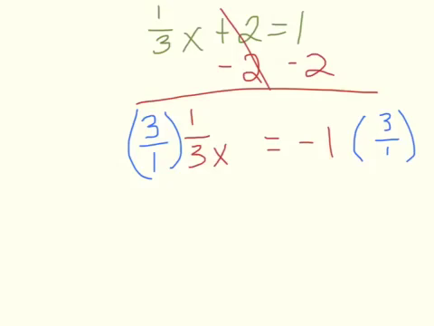I have a 3 on top and a 3 on bottom, so that cancels. A 1 on bottom and a 1 on top, that cancels. And leaves me with just x. Okay? Bring down my equal sign. -1 times 3/1. You can do that in your calculator. It's the same thing as -1 times 3. And you end up with -3. Okay? I understand those fractions can be a little confusing, so let's do one more.